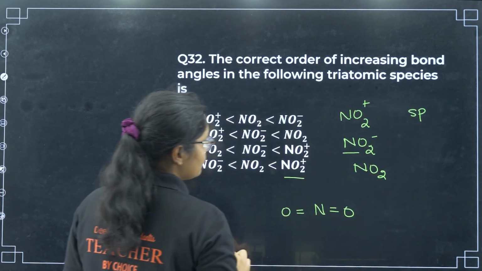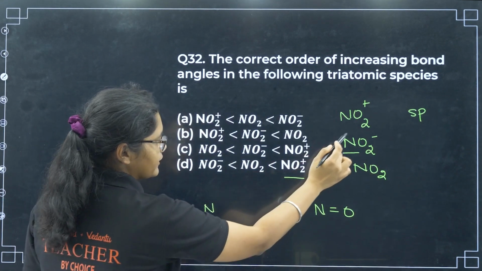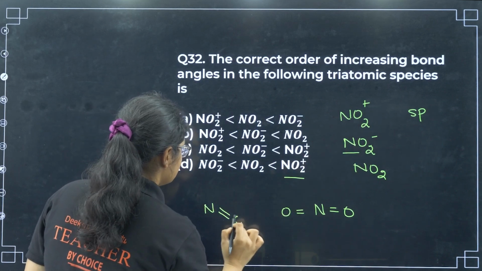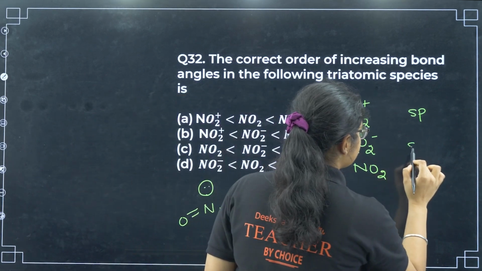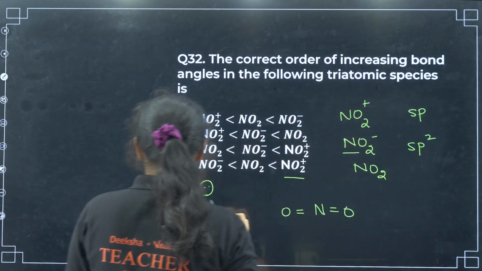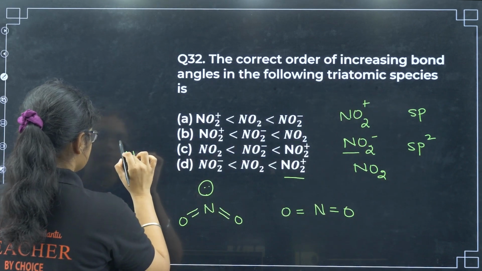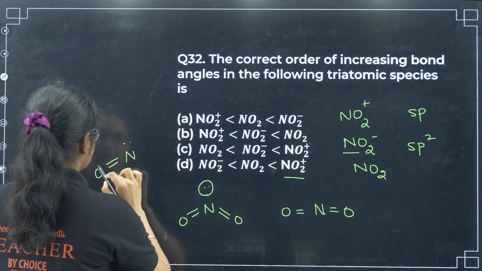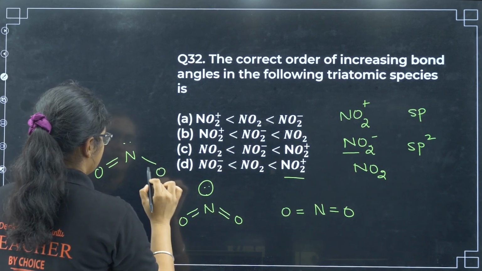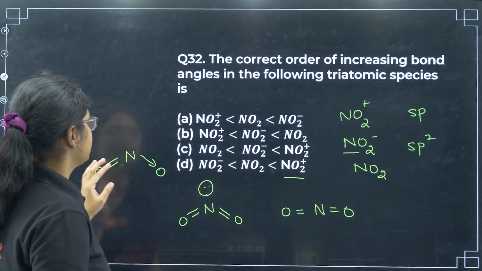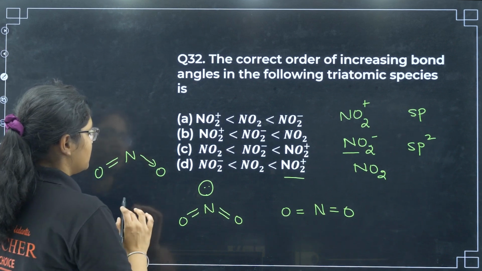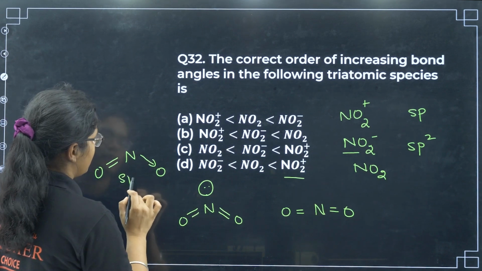Now NO2 minus has 6 electrons in total, so it will have a structure like this, and that will be sp2 hybridization. NO2 will have 5 electrons, so the structure of NO2 is like this, right? Again we will get sp2 hybridization.